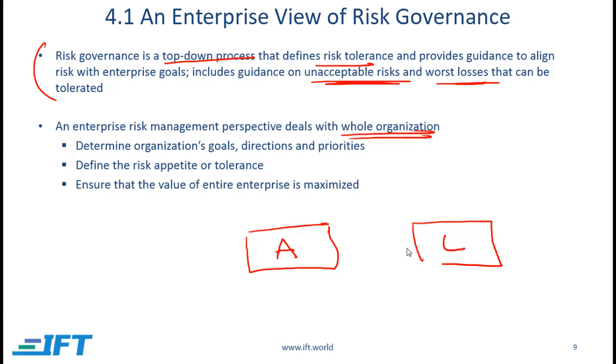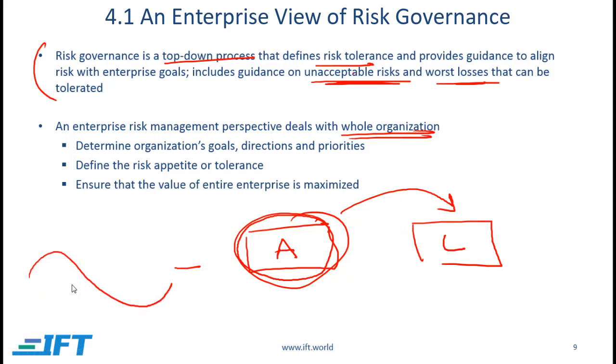A limited view of risk management would simply consider the assets and try to manage risks so as to maximize the return on these assets. But that would be a mistake, because these assets are meant to meet future liabilities. Now, let's say that we go through an economic downturn.